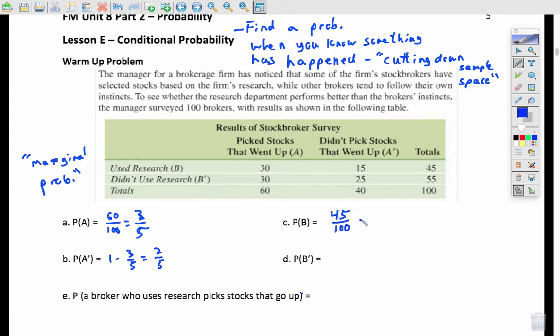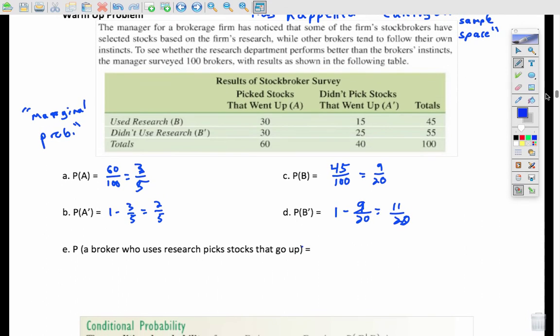So 45 out of 100, which reduces to 9 out of 20. So what's the probability that they did not use research? Well, 1 minus 9 out of 20, or 11 out of 20.